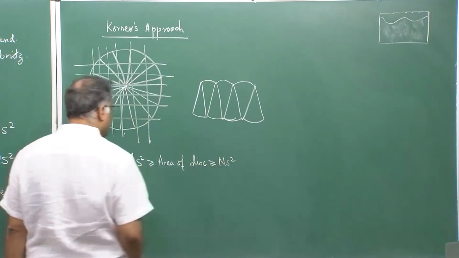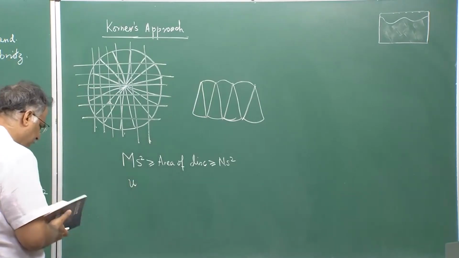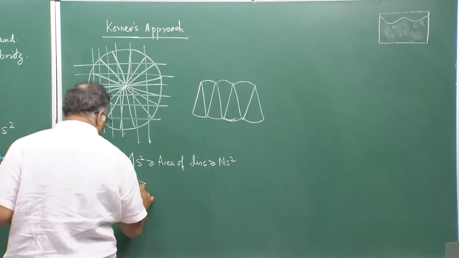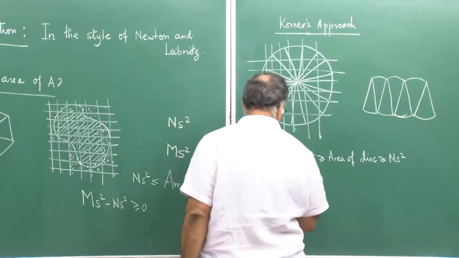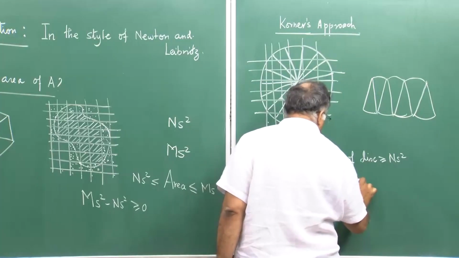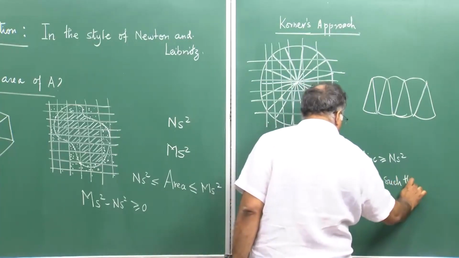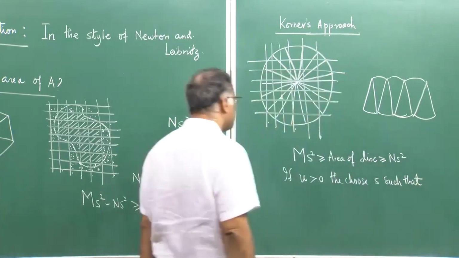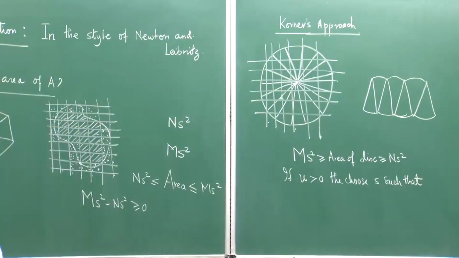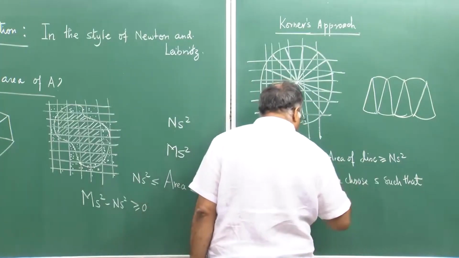But I can choose s in such a way that if you give me any positive number u, if you take any u greater than 0, then choose s such that what would happen?